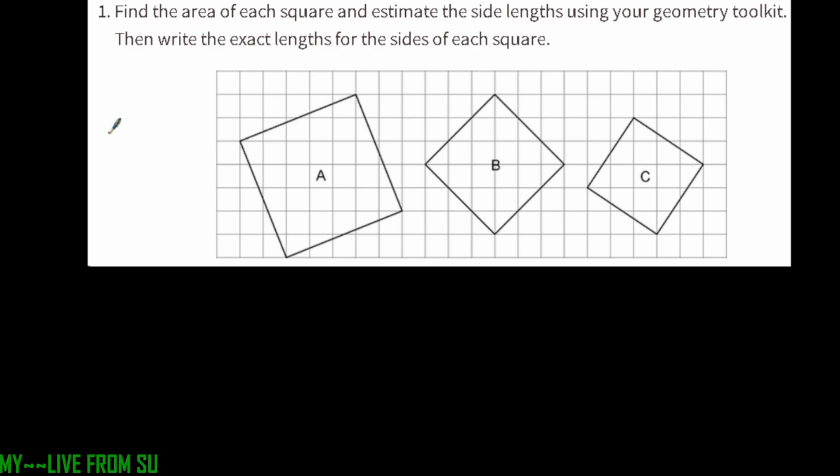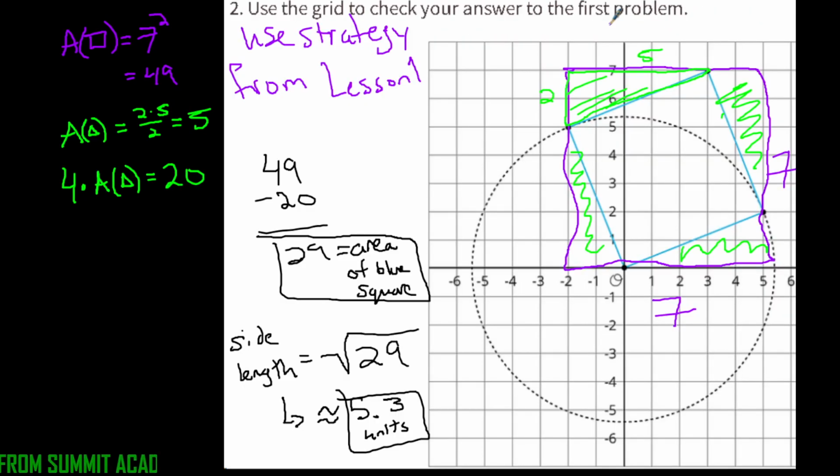And so when you're finding the side lengths, you can use that ruler or protractor to measure. Or if you wanted to, you could do the same thing we did in the previous slide, where we took the side lengths and calculated it like that.